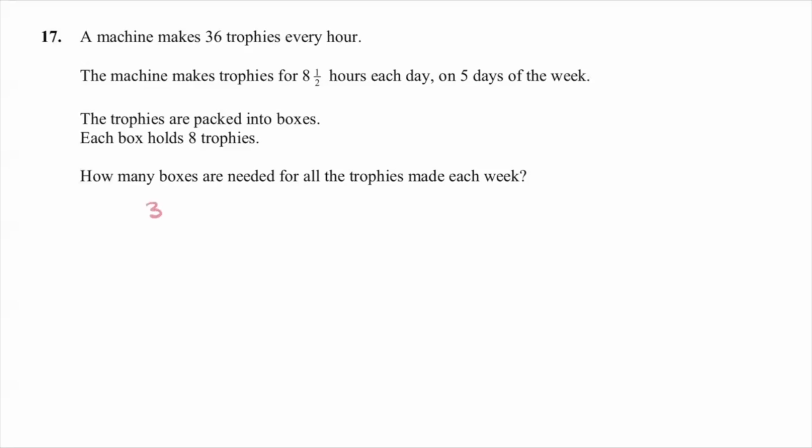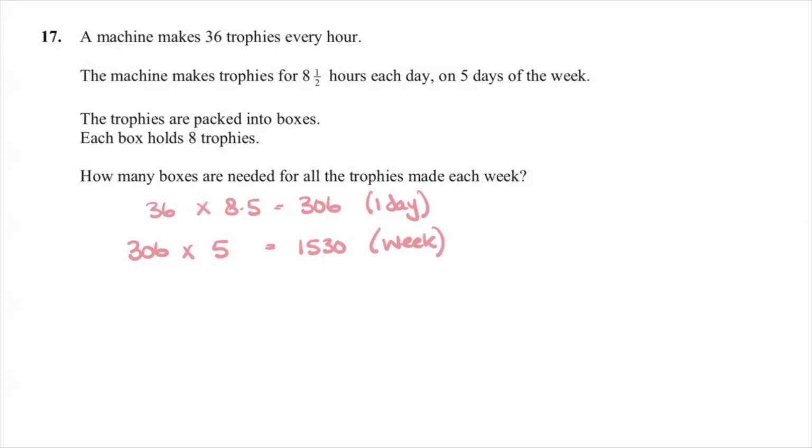So we're going to do 36 times that by the total number of hours. And that's what we get in 1 day. Take that and times it through by the 5 days that it's going to be working. And we get 1,530 for the week. And that is our total number of trophies.